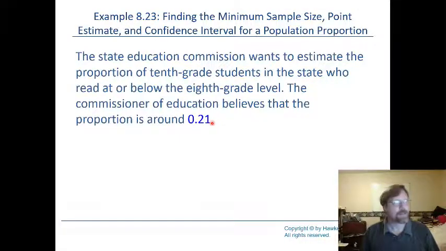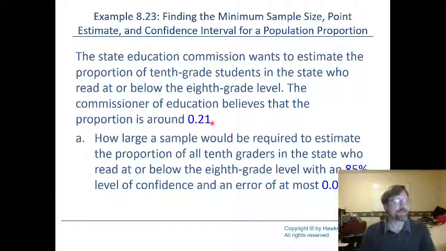First thing they want to know is how large a sample would be required to estimate the proportion of all 10th graders in the state, with an 85% confidence level and error of at most 0.03. So we're looking for a 3% margin of error, 85% confidence level.